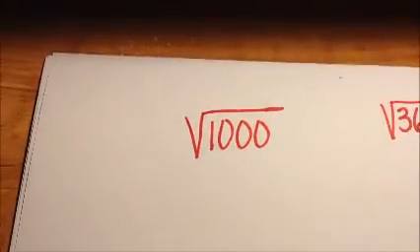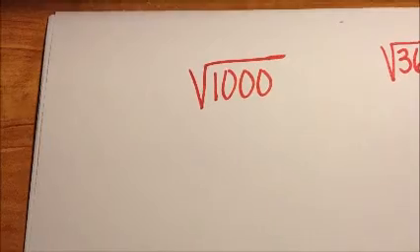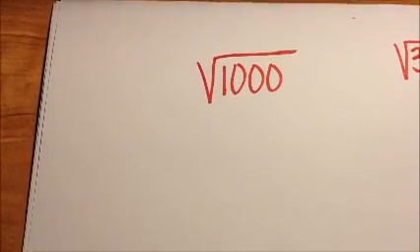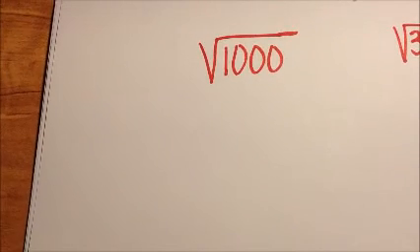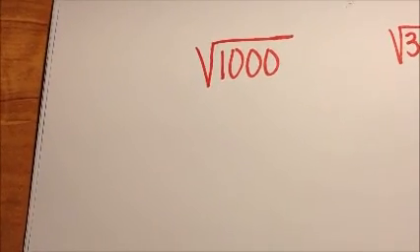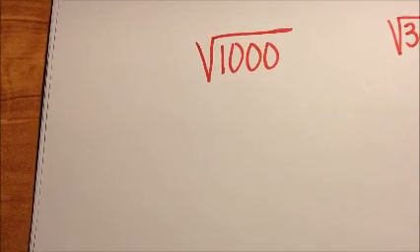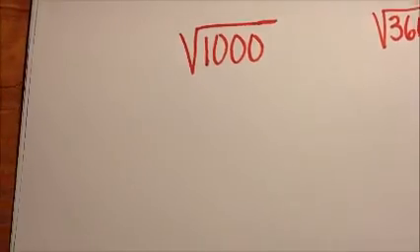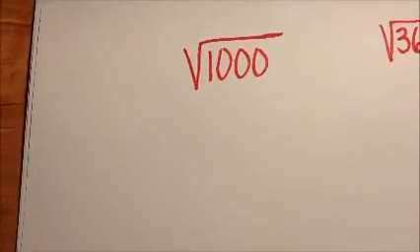Okay, in this video, we're going to simplify radicals. Now, I could simplify cube roots, but typically students in grades 7 and 8 just deal with square roots and breaking down those radicals.